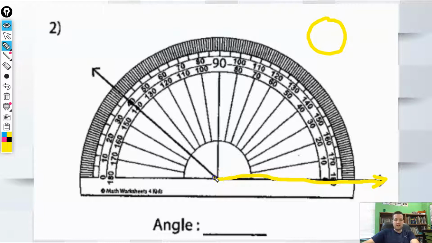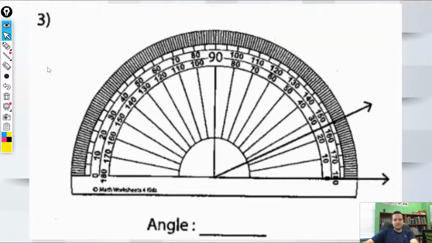It's opened up all the way to, it looks like, either 40 or 140 degrees. Now, obviously, since it's obtuse, only one of those makes sense. Which of them is it? That would be 140 degrees. Nice.